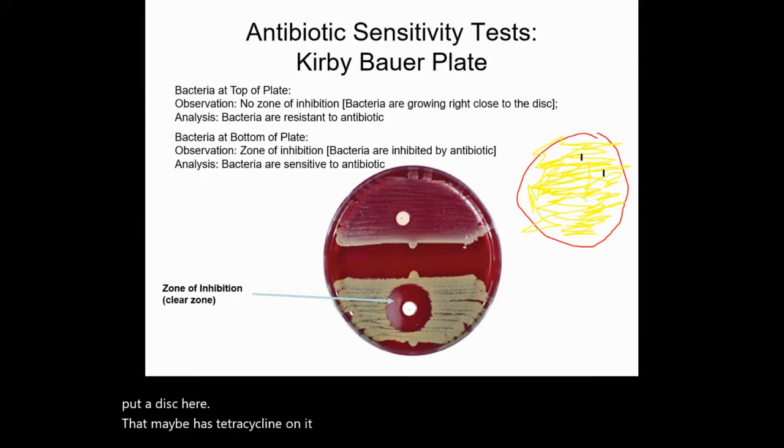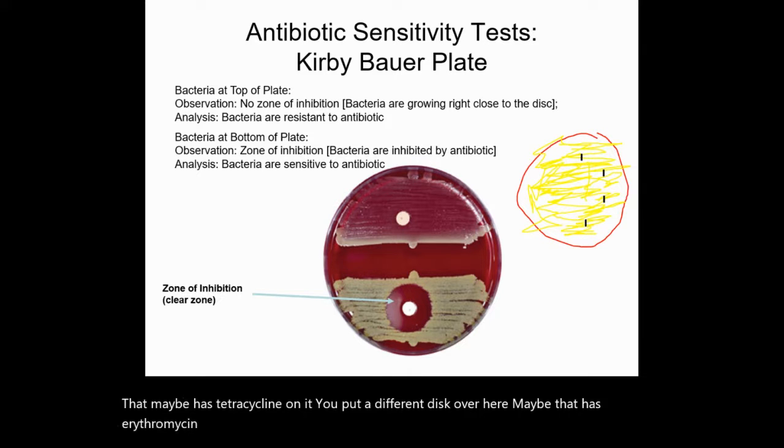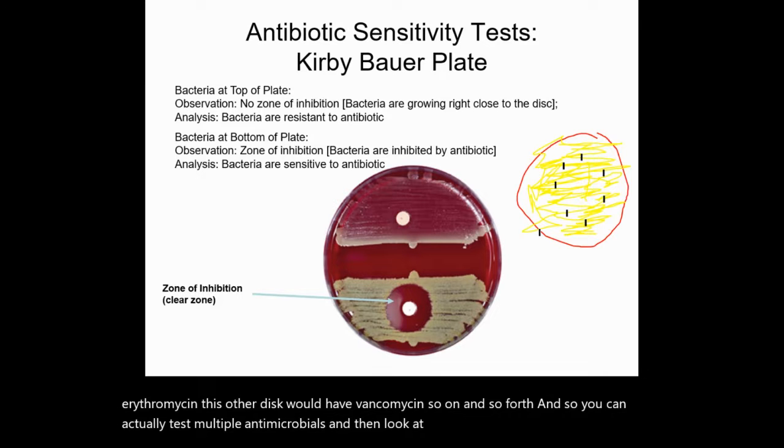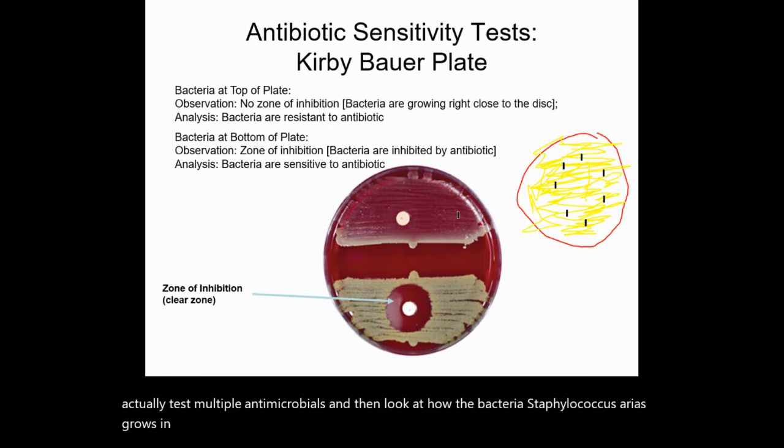You'd put a different disc over here, maybe that has erythromycin. This other disc would have vancomycin, and so on and so forth. You can test multiple antimicrobials and then look at how the bacteria, Staphylococcus aureus, grows in the presence of that antimicrobial. And what you're looking for is visible on this slide.